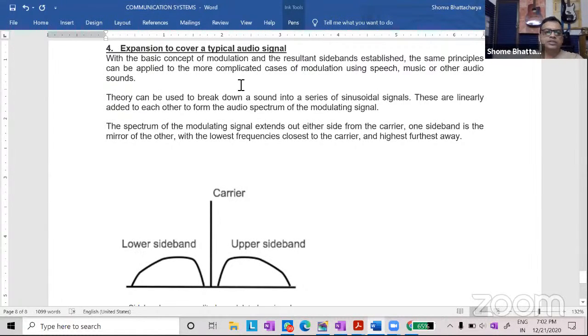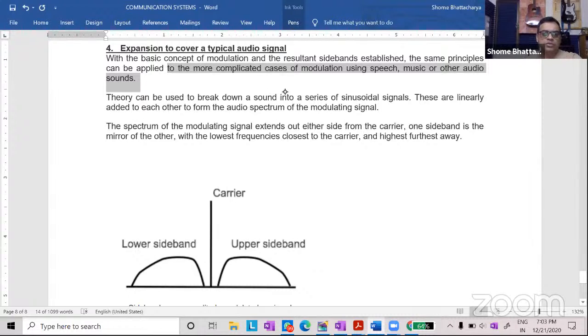Now, with the basic concept of modulation and the resultant sidebands, the same principle can be applied to more complicated systems of modulation using speech, music, and other sounds. So the difference will be, while your carrier wave will still be the same kind of wave, a sine wave of high frequency, your modulating wave will become more complex. It will not be a simple sine wave. It will be a combination of sine waves, that Fourier analysis kind of situation.